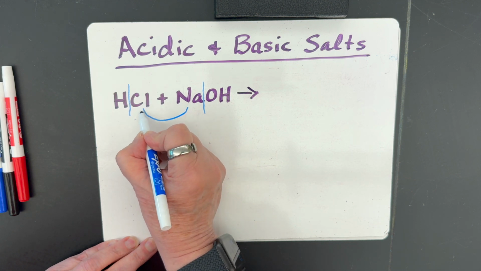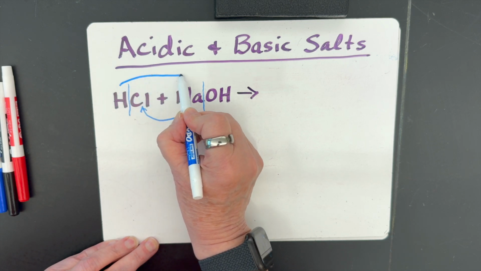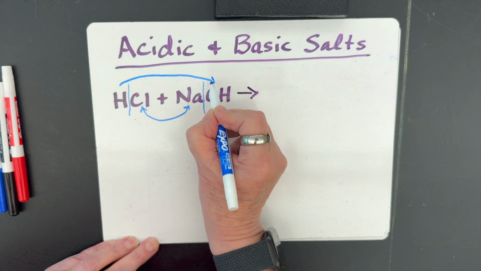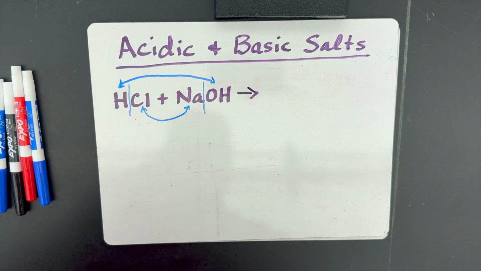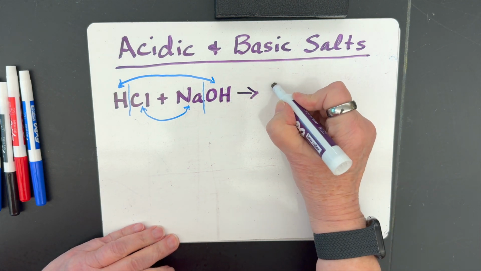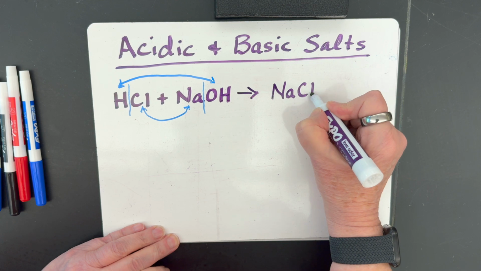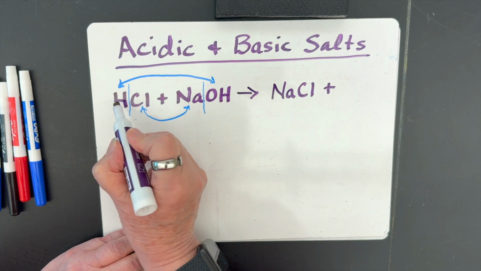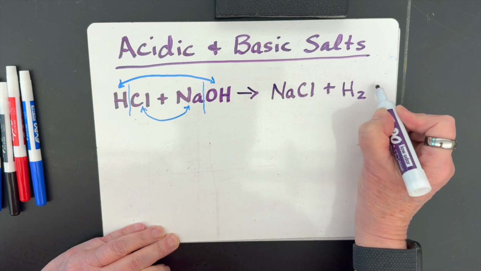So these two are going to combine, and the front of the acid will combine with the negative part of the base like that. So we end up getting Na with Cl. Remember to write the positive one first, the metal first, so NaCl. And we get H with OH, which is just H2O.